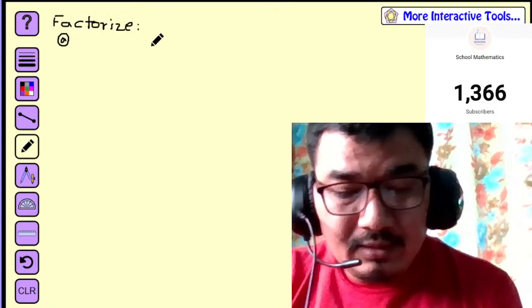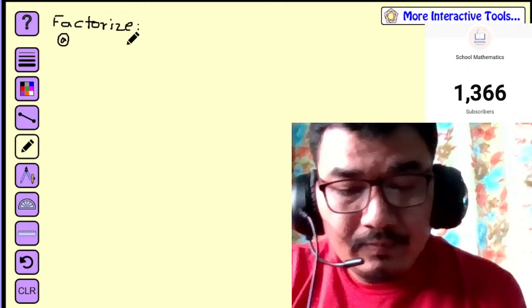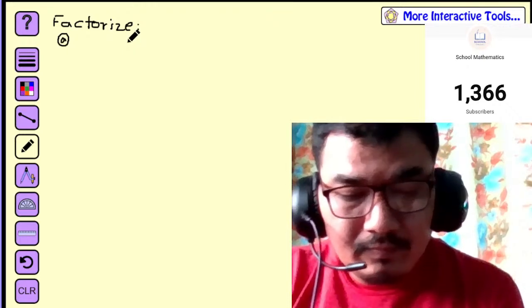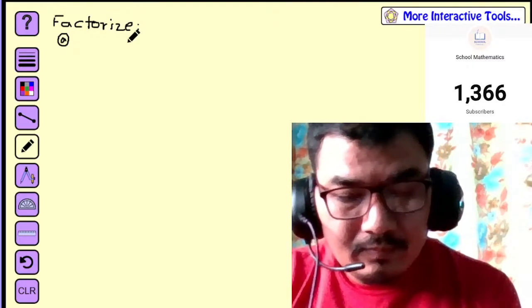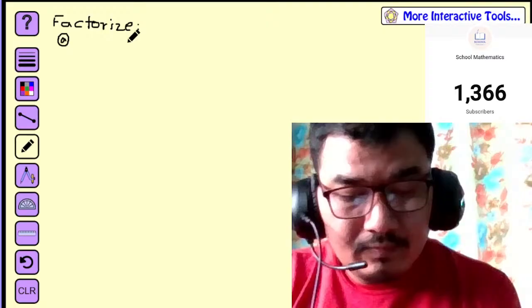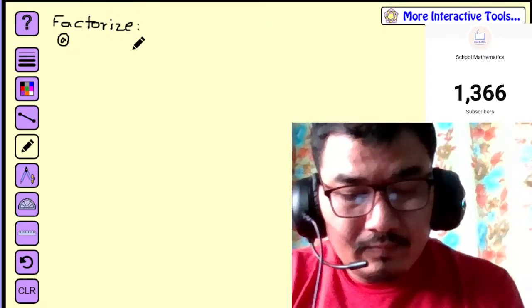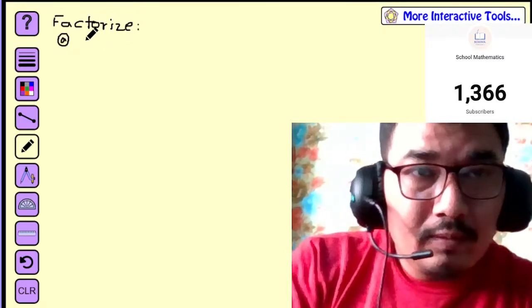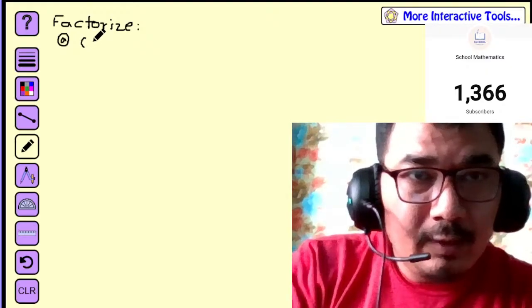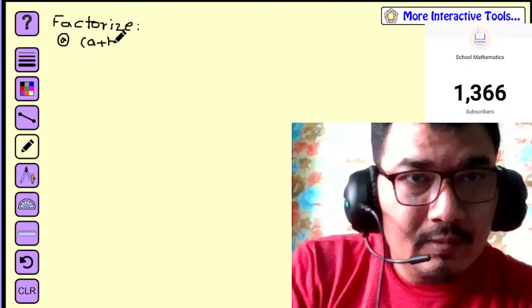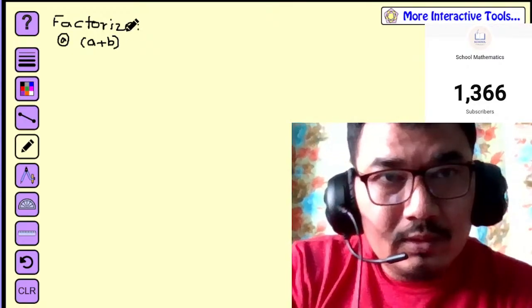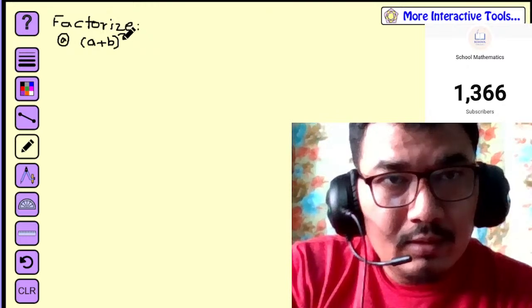The question is like this, and here in this first bracket there is given a plus b. Okay, here is given a plus b, and bracket close, and here is whole square.